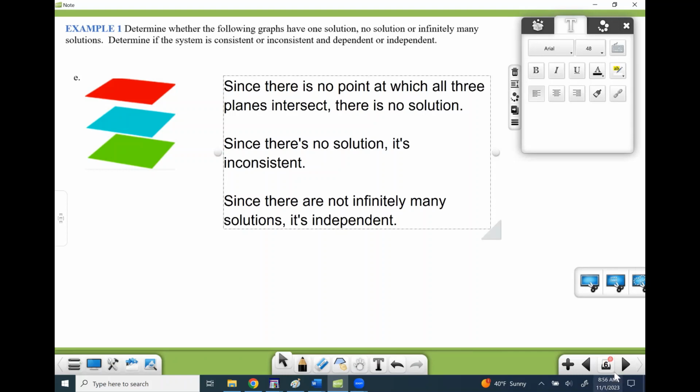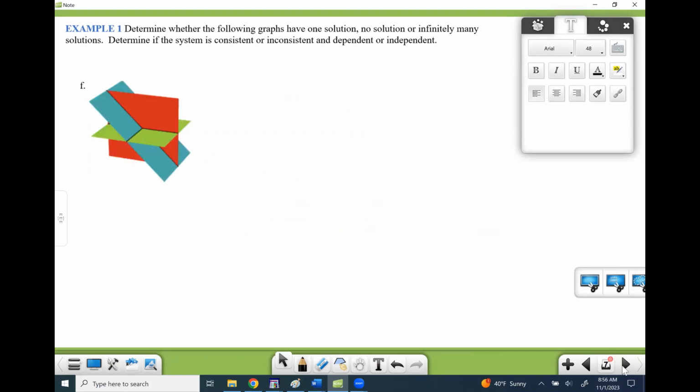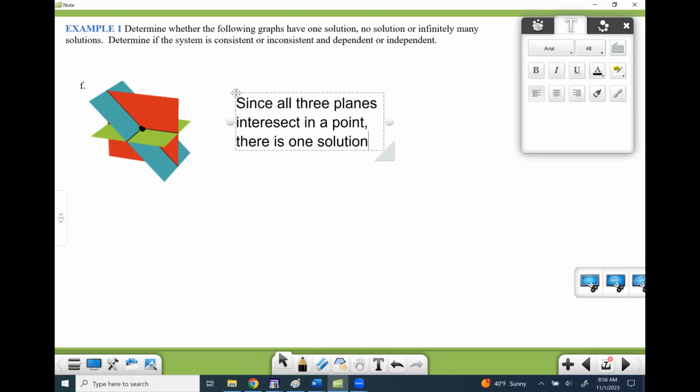All right, let's go on to our next one here. Okay, so hopefully you can see that, yes, we do have a solution here. All three planes are going to intersect in that point right there. Okay, so let's see here.